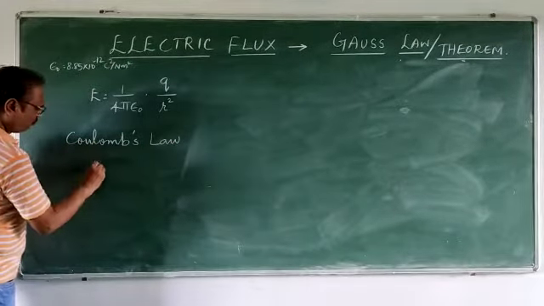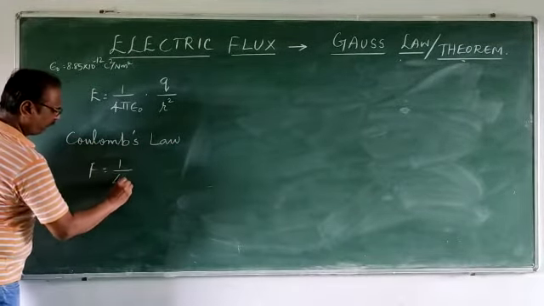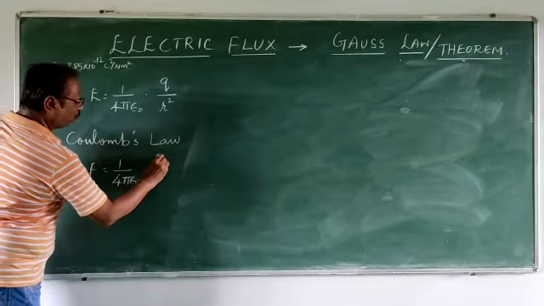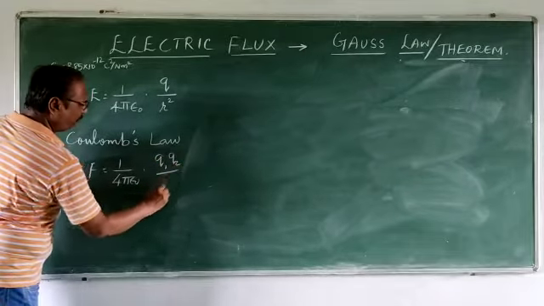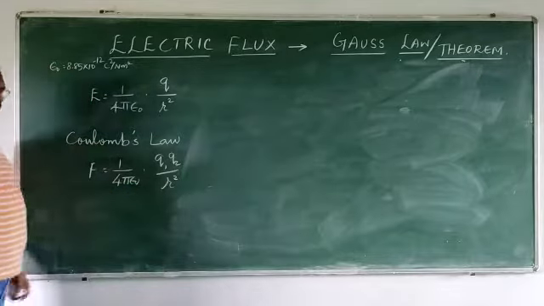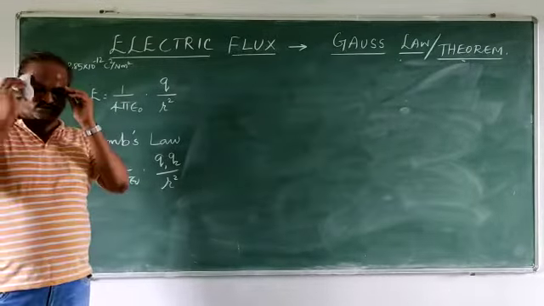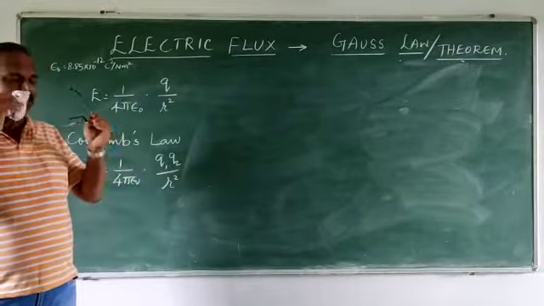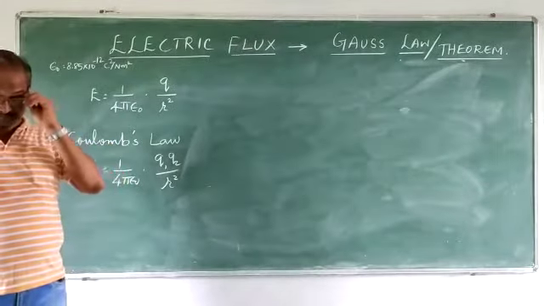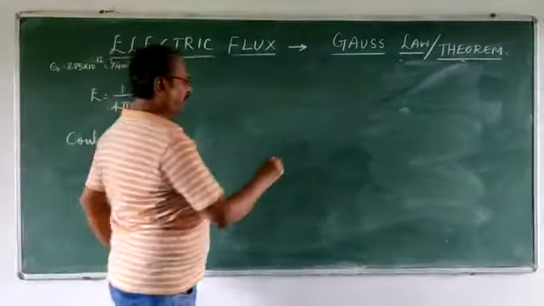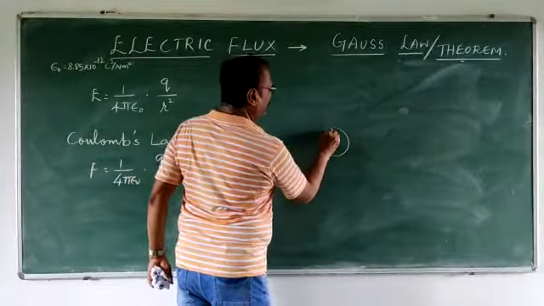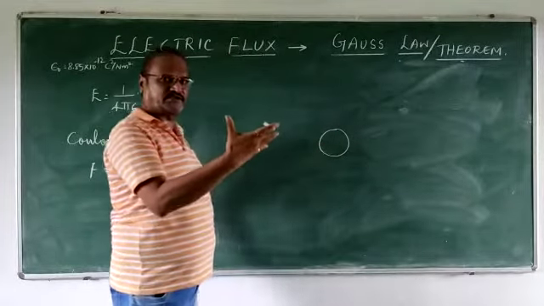Coulomb's law for force was 1 upon 4 pi epsilon naught into Q1 Q2 upon r square. Now let us assume a point charge. Point charge can have more charges, right?